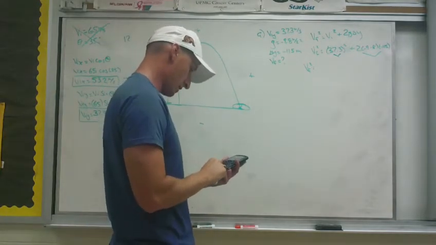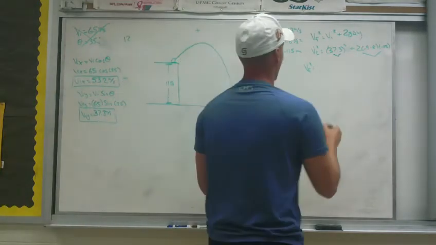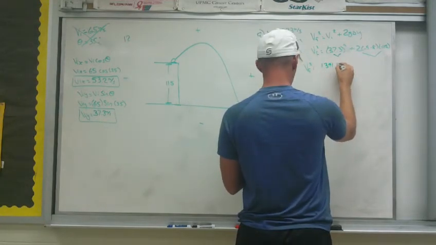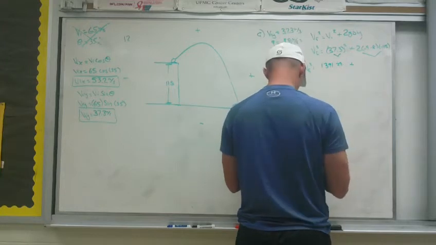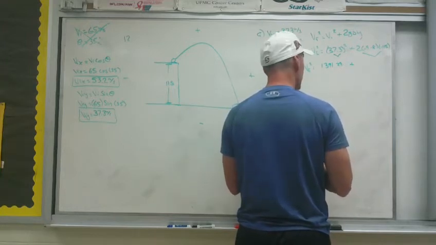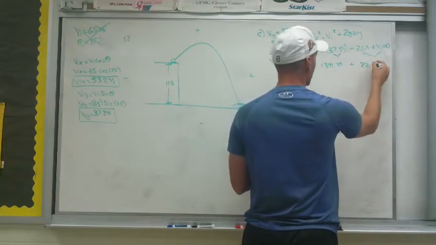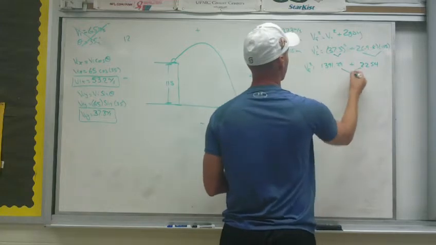Let me do those. 37.3 squared gives me 1391.29 plus 115 times 9.8 times 2 gives me 2254. Add them together.